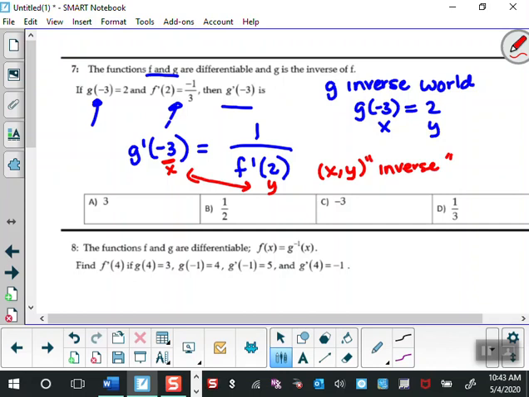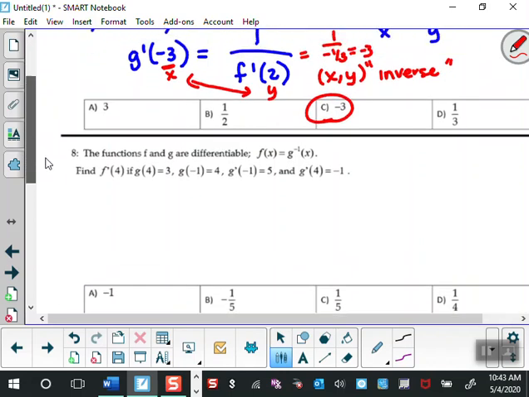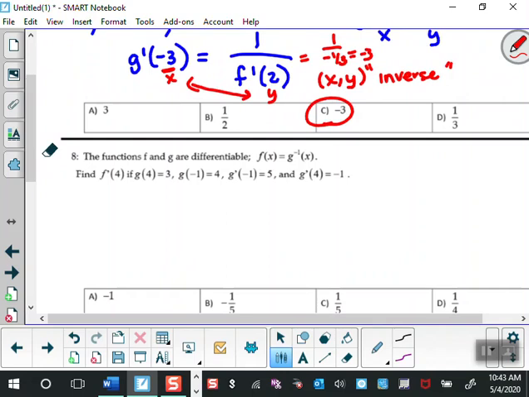G of -3 is 2, and so 1 over f prime of 2 equals 1 over -1/3, which is -3. Okay. I could see this. You could have a lot of information on a table. Find f and g are differentiable, f and g are inverses. Find the derivative of f at 4 if g of 4 is 3.